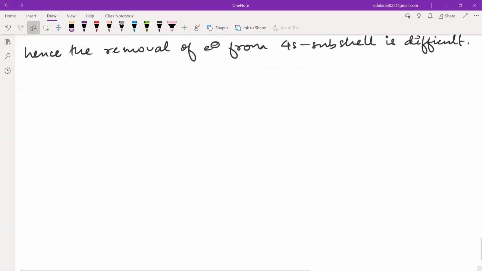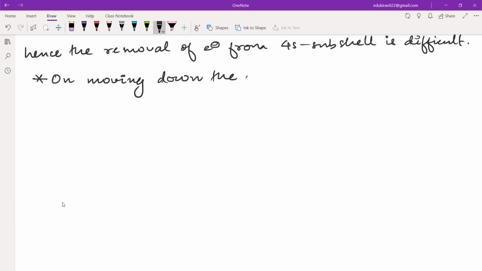Now, one more observation in the ionization enthalpy. If I go down the group, the expected order was that the 3d series will have the highest ionization enthalpy because these are smaller, followed by 4d, and then 5d series.